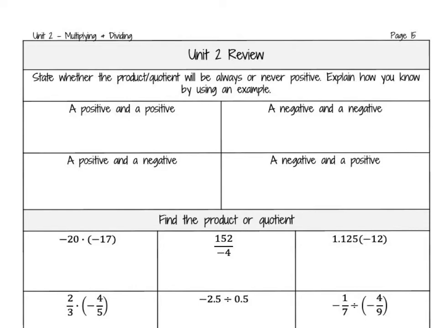So first we have a positive times a positive. That is going to be a positive. So like 3 times 5 is 15. We'll say always positive. Okay, so if they have the same sign, they are positive.